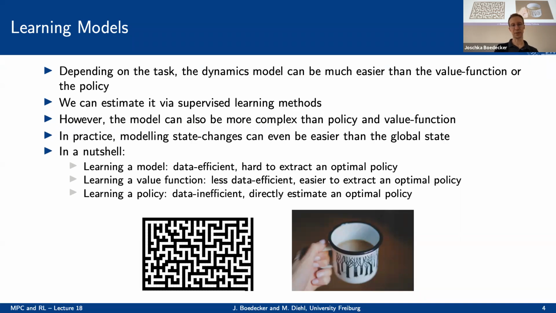Okay, and just as an example, maybe consider these two things down here, this little maze on the left side, which is rather complicated if you look at it. I think you enter somewhere here, and you exit somewhere here, and then you need to find your path in between. So this looks like a very convoluted and very long path that you might have to go through with your agent.